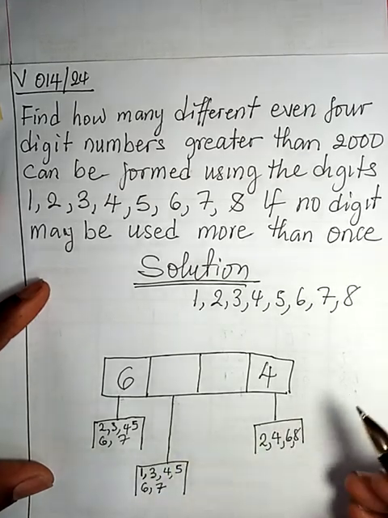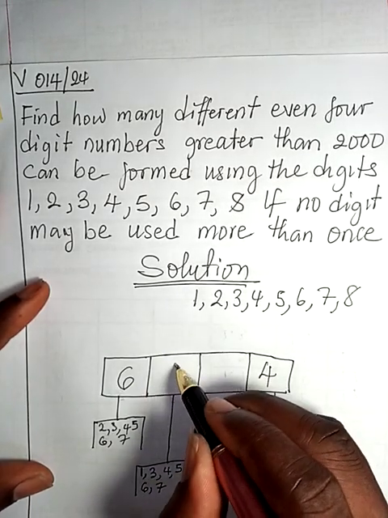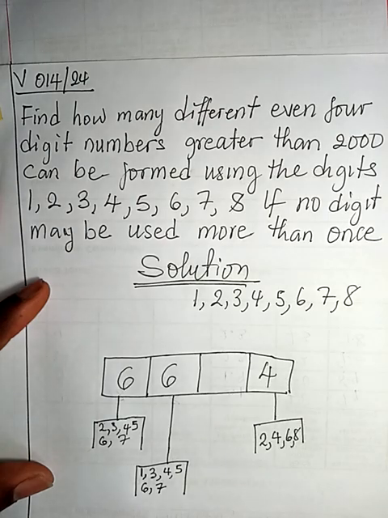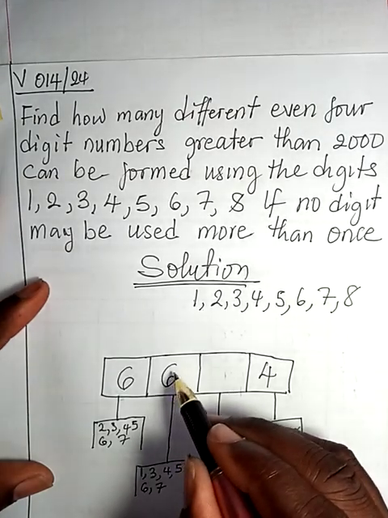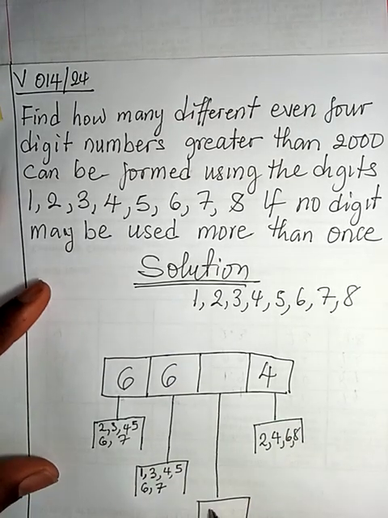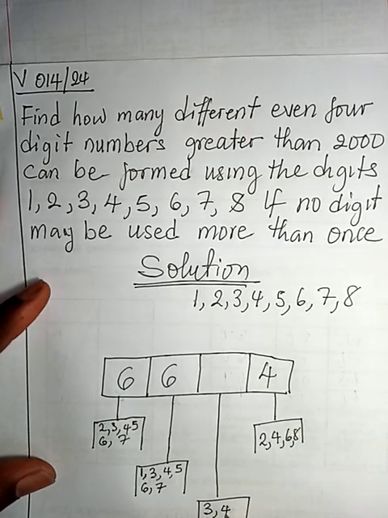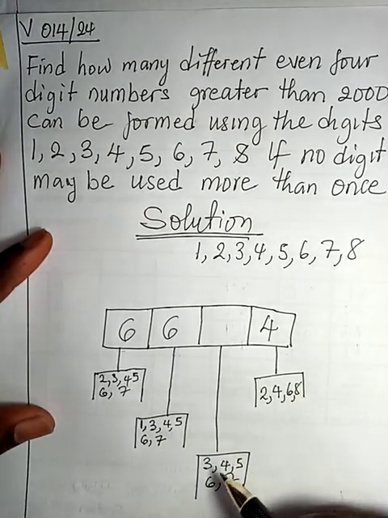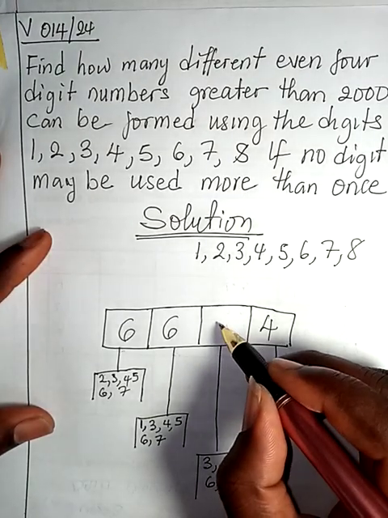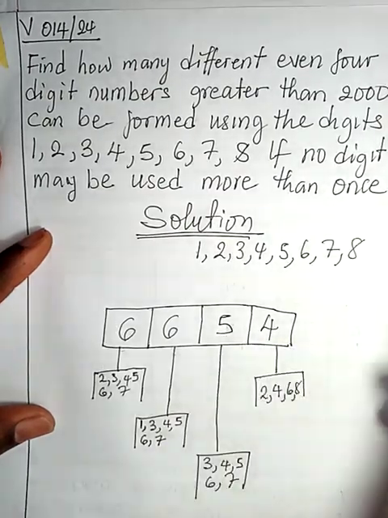So how many choices here? We still have 6 choices. Now we've used this. Let's assume that what we used here was 1. Now we are left with how many choices? We have 3, 4, 5, 6, and 7. So now the number of choices we have here is 5 choices.